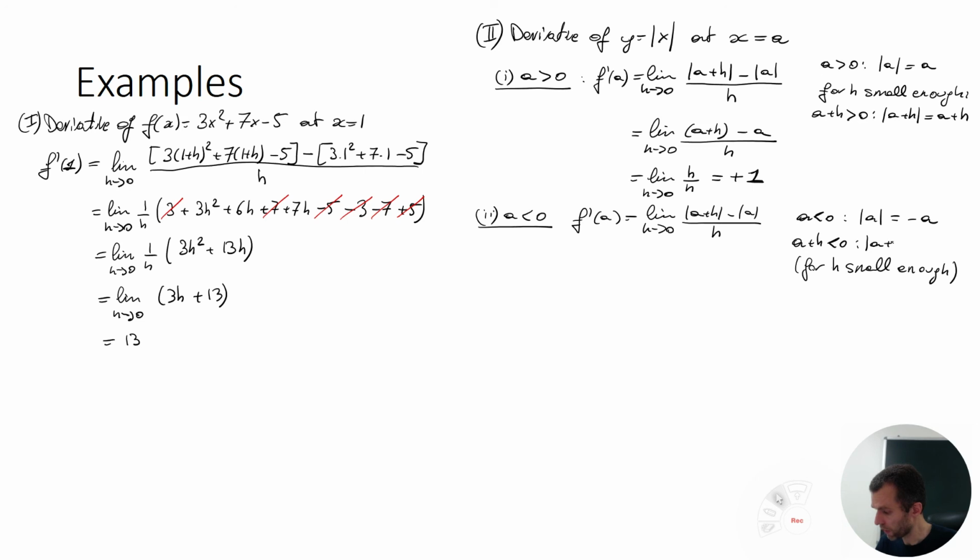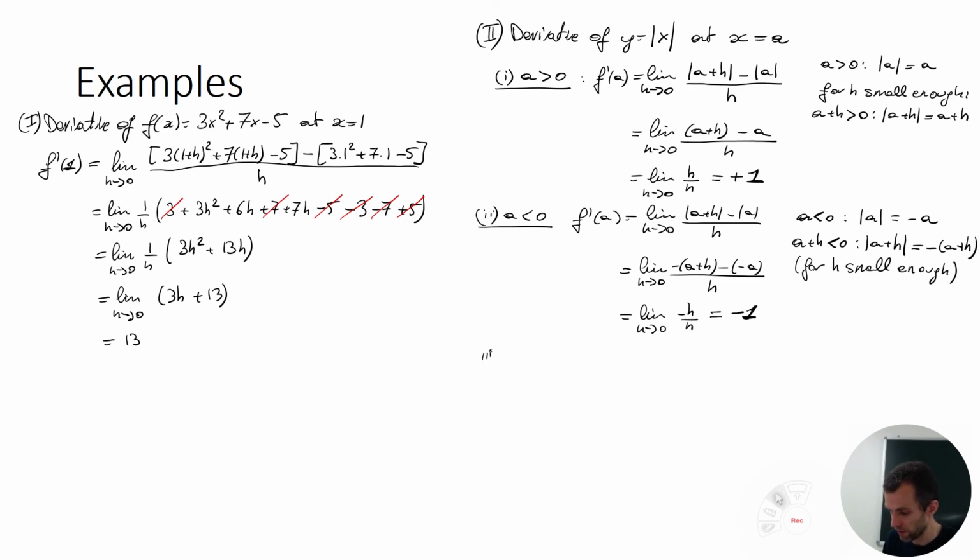So absolute value of a plus h is minus a plus h. And so the limit then gets you minus a plus h minus a divided by h. This simplifies to limit of minus h divided by h, and we get that the limit becomes minus 1.